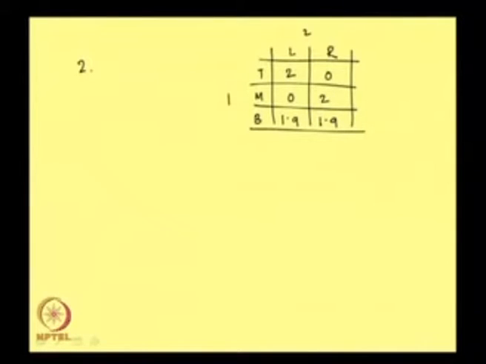So, payoff of player 2 is not written. Now, here observe that none of the actions of player 1 is strictly dominated.